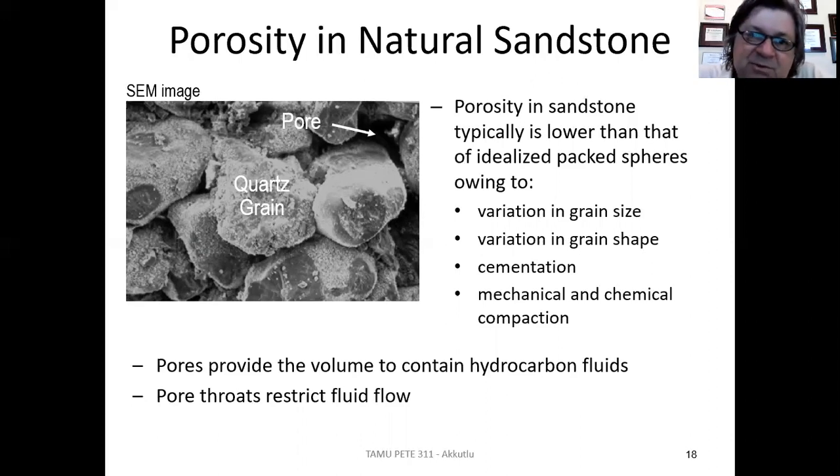Okay. So in that picture, the pores would be the spaces available for storage of the fluids, and the throats would be the flow paths for the transmission of the fluid from one pore to the other, and this way all the way to a wellbore.